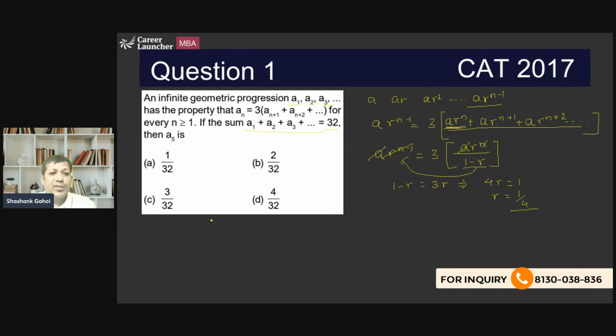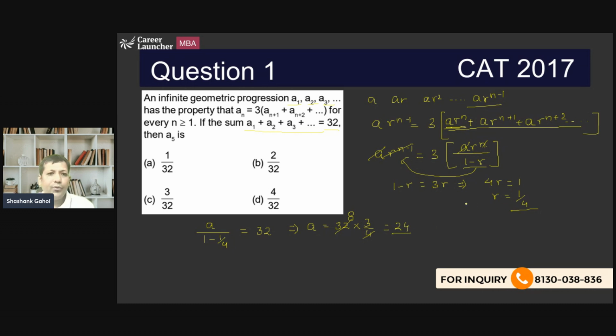The first term is A, the common ratio is 1 by 4. So the sum of this series is A upon 1 minus R, and that is equal to 32. From here, A is equal to 32 into 1 minus 1 by 4, that is 3 by 4. So this comes out to be 8, 8 3s are 24. My first term comes out to be 24.